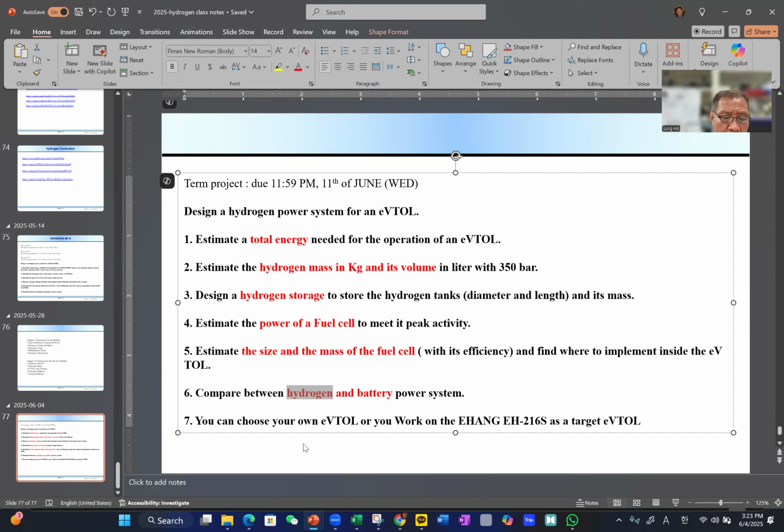And the last item, I just made a comment here. You can choose your own eVTOL, or you can work on the EHang EH216.